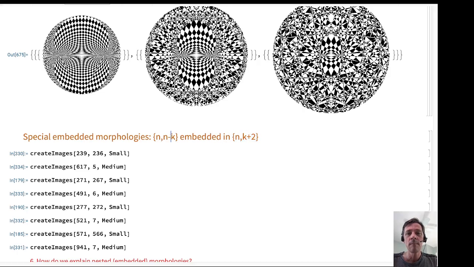Okay, and the math I'm doing here: if n was 19, this would be 17, n and n minus 2. 19/17 would be embedded in 19/4. So if n is 19 and k is 2, this is 19/17 embedded inside 19/4.